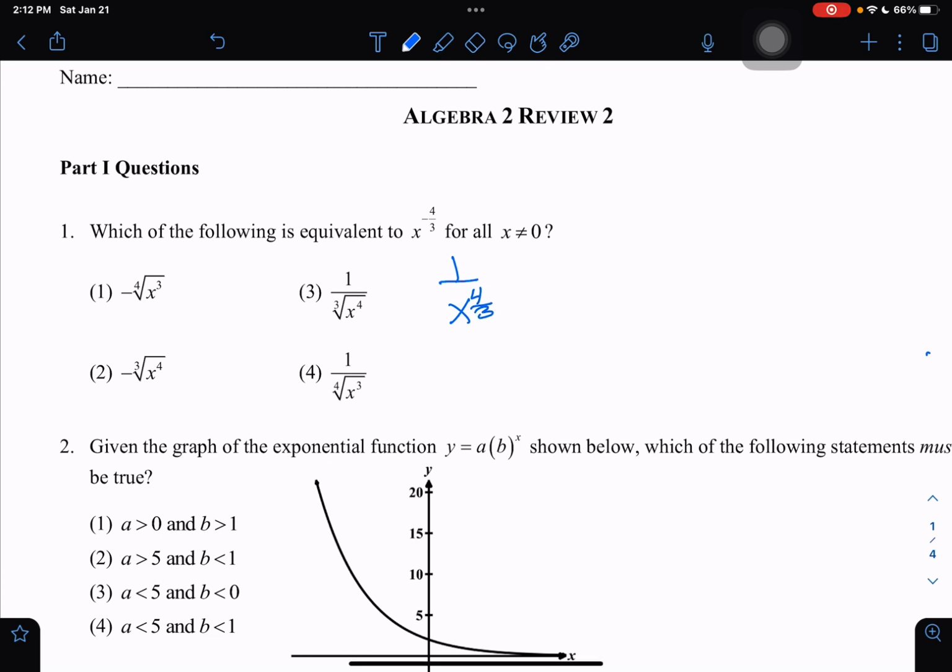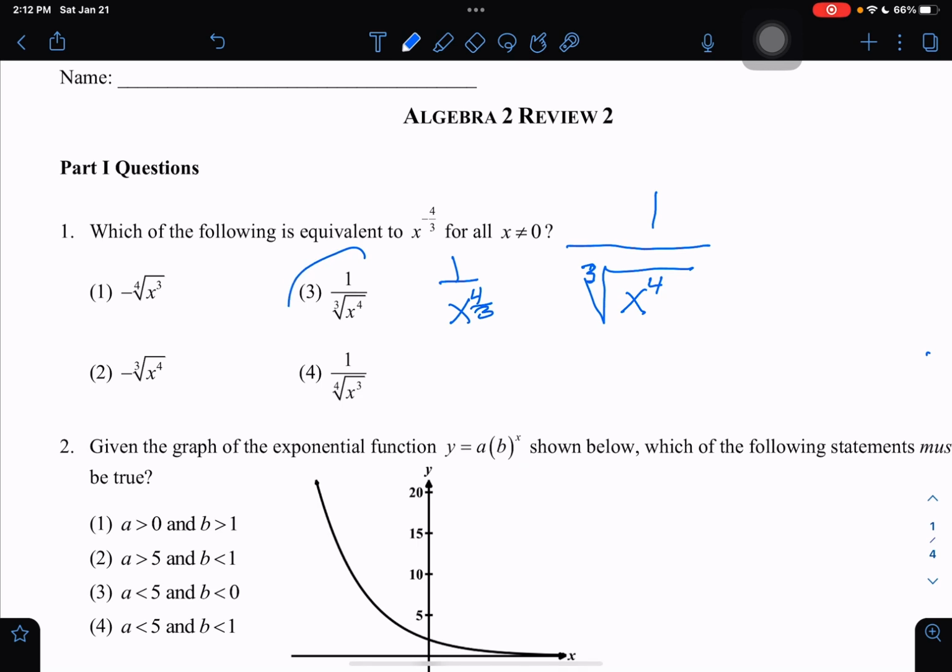These fractions get written in a radical sign, and the denominator is the cube root, so that goes outside, and it's x raised to the 4th power, and then 1 over.